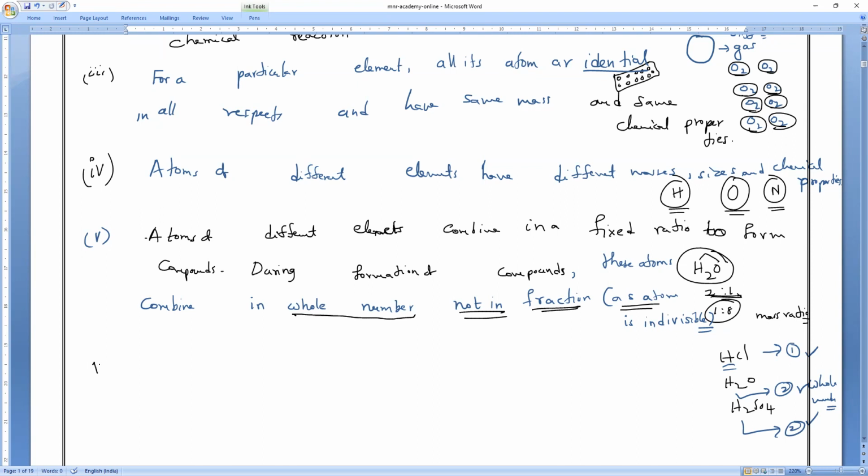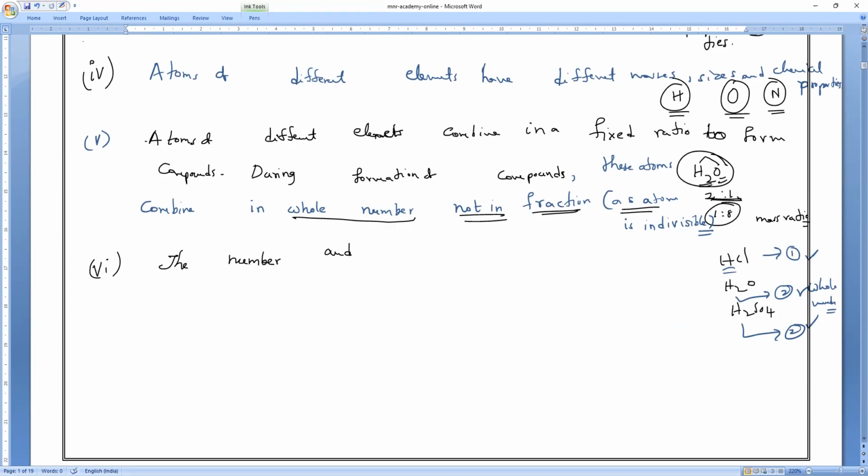Next, the number and kind of atoms in a given compound: is it always fixed or does it vary, guys? Please respond. If you go anywhere in the world, the number of hydrogens is 2 and oxygens is 1 in water, and the kind, meaning the same hydrogen atom and same oxygen atom, everywhere in the world.